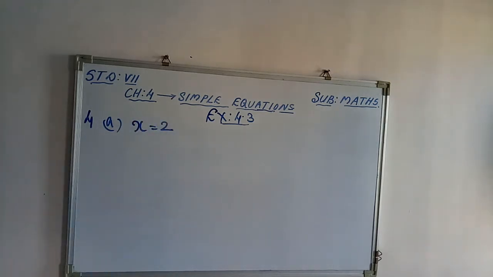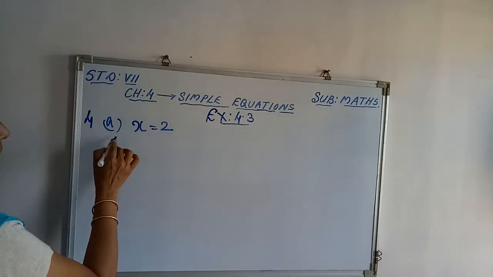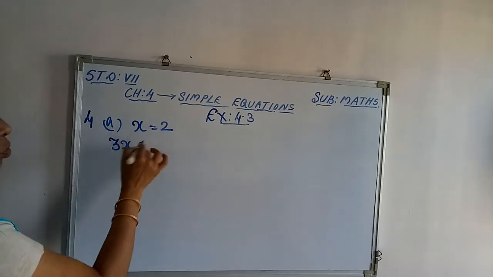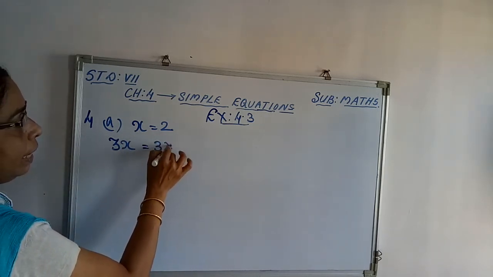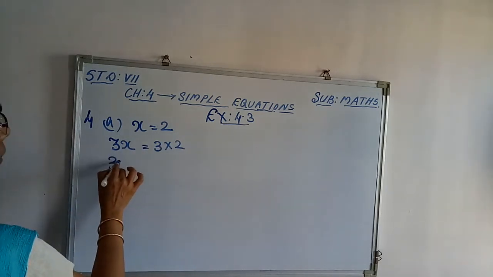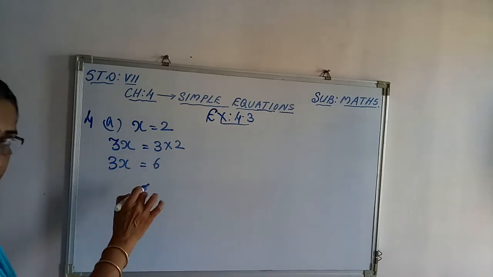Listen how to do. First, I am going to multiply this x by 3. When x is multiplied by 3, the RHS you also have to multiply by 3: 3 into 2. So we get 3x is equal to 6. And now listen, this you can also write as an equation.